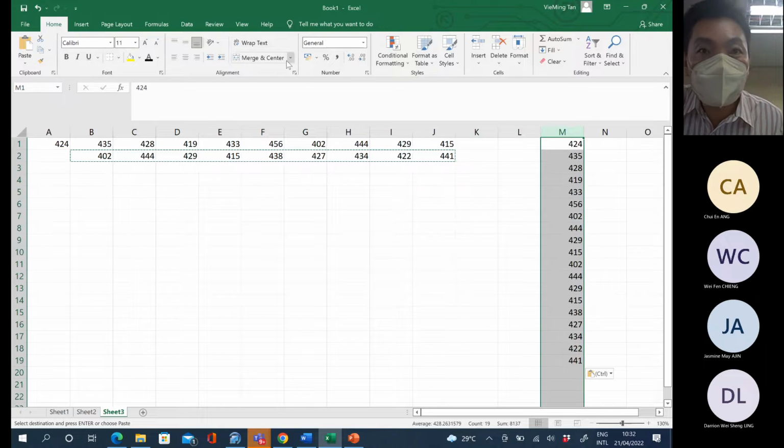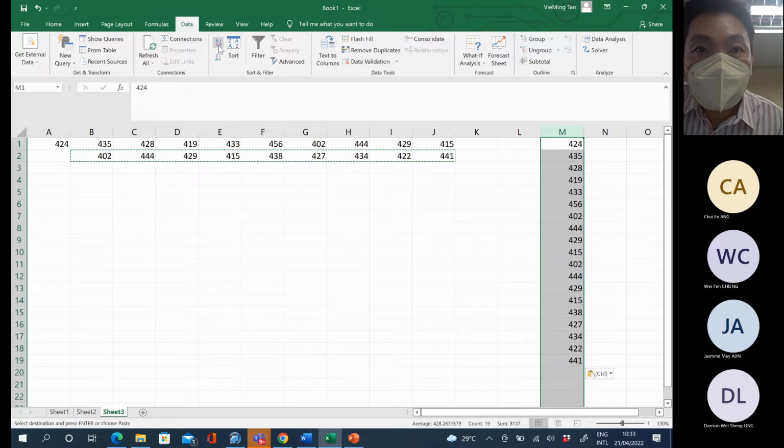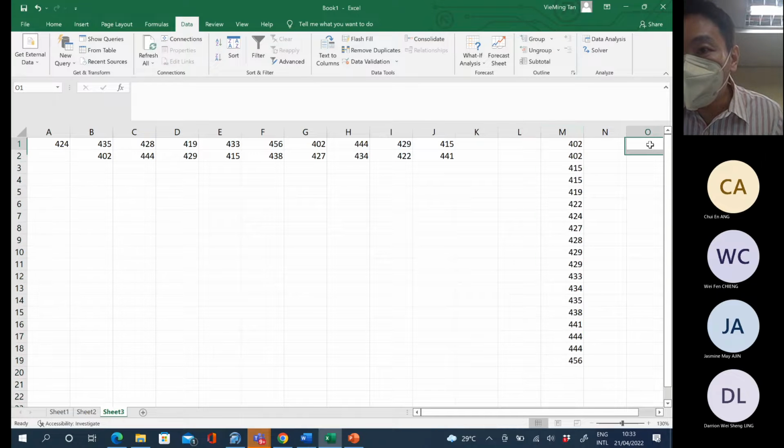I try to solve the data also, and try to get the standard deviation.